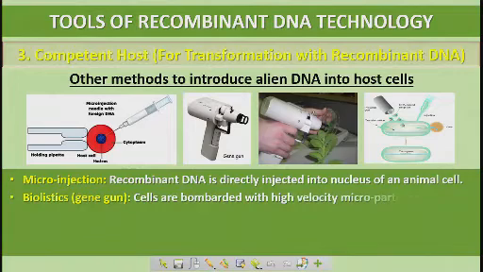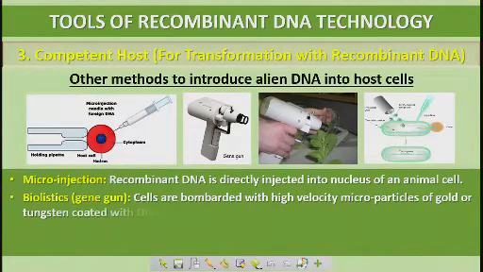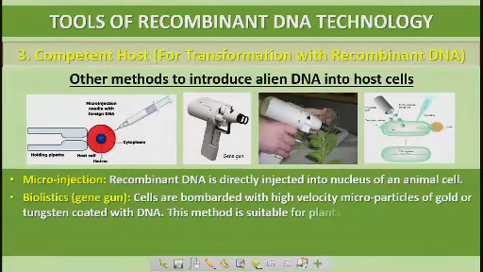Ballistic gun or gene gun is also used to introduce the transformed recombinant DNA into the host cell. Cells are bombarded with high velocity microparticles of gold or tungsten coated with DNA. This method is suitable for plants.